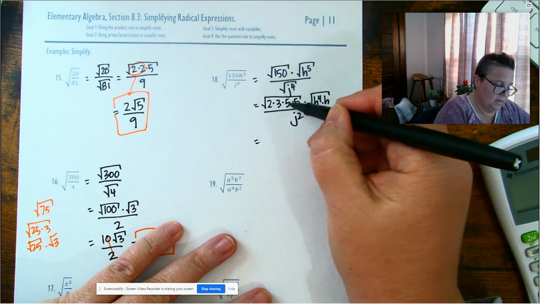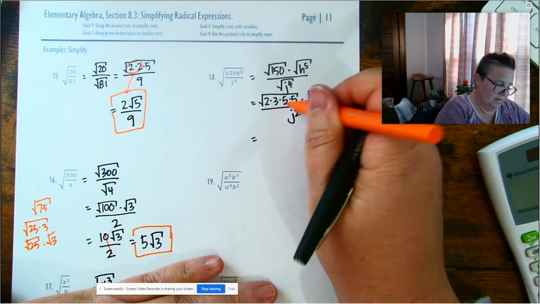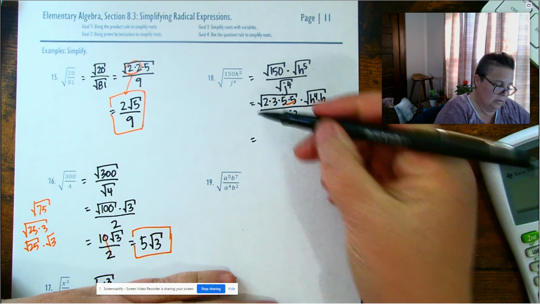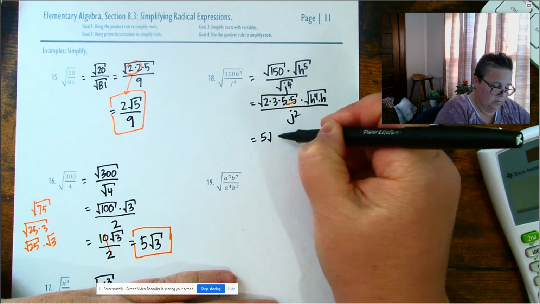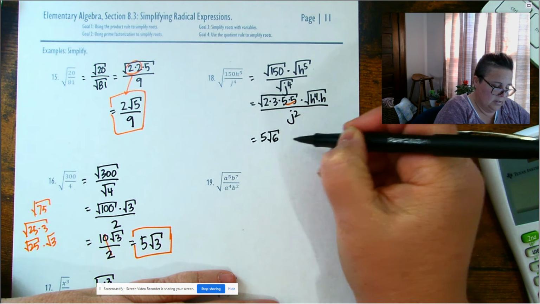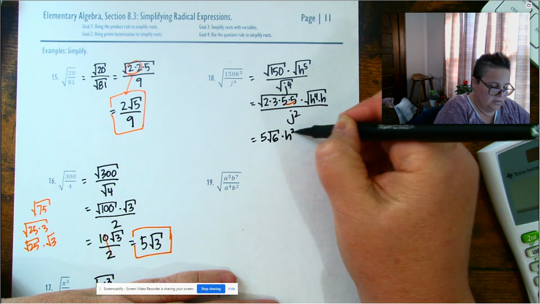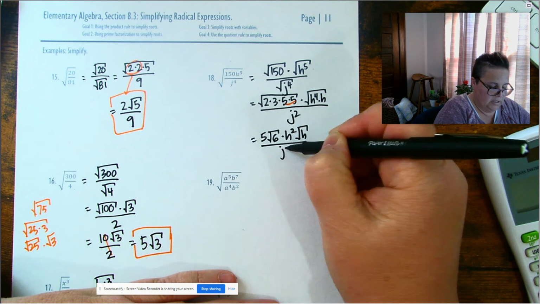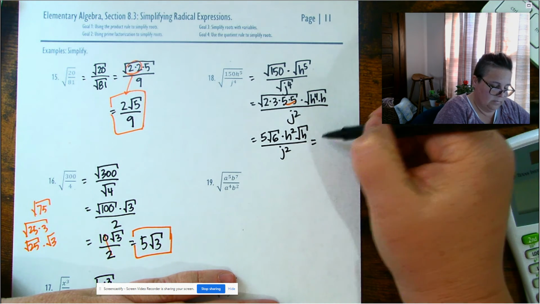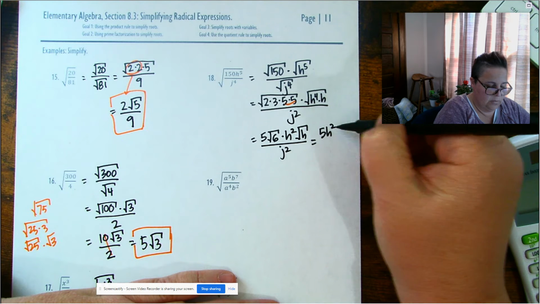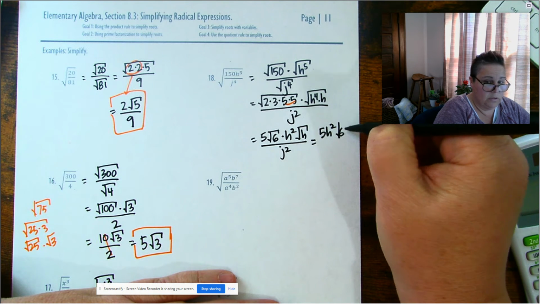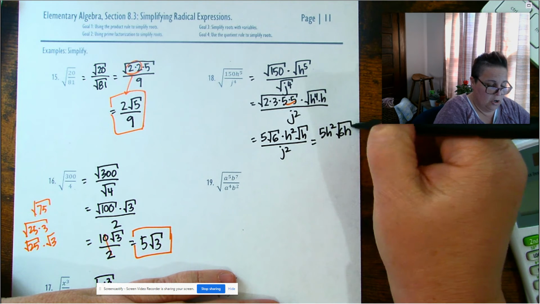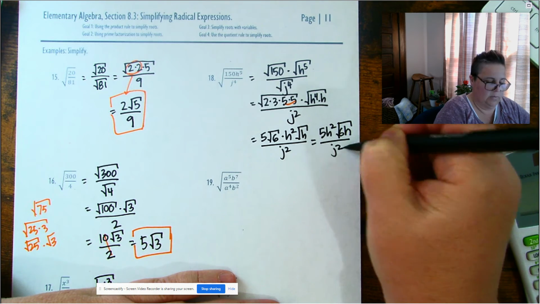So the pair here means I can bring 1 out: 5 times the square root of 6 times h squared, square root of h, over j squared, which is going to be 5h squared times the square root of 6h, all of this over j squared.